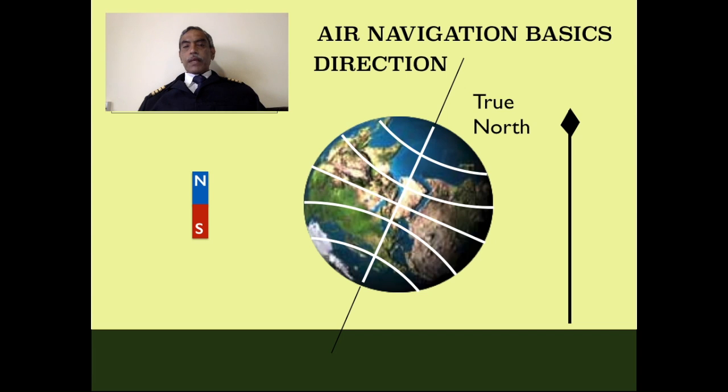We are going to learn about Earth's magnetism in a more elaborate manner, because the aircraft magnetic compass uses the Earth's magnetism partially to measure and direct the aircraft in a particular direction.